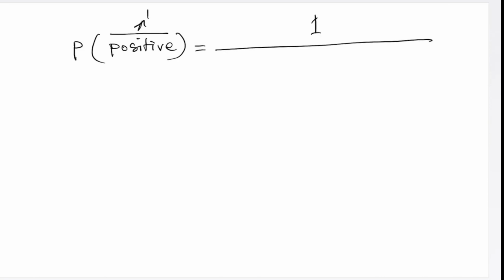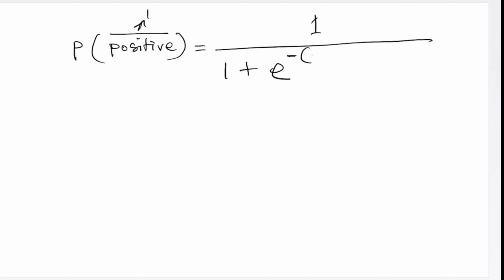In general, the probability that the sample is positive or the sample is 1 is equal to 1 over 1 plus e to the power minus whatever linear regression model you have. If the linear regression model has many beta values, you will be able to incorporate all of them right here.